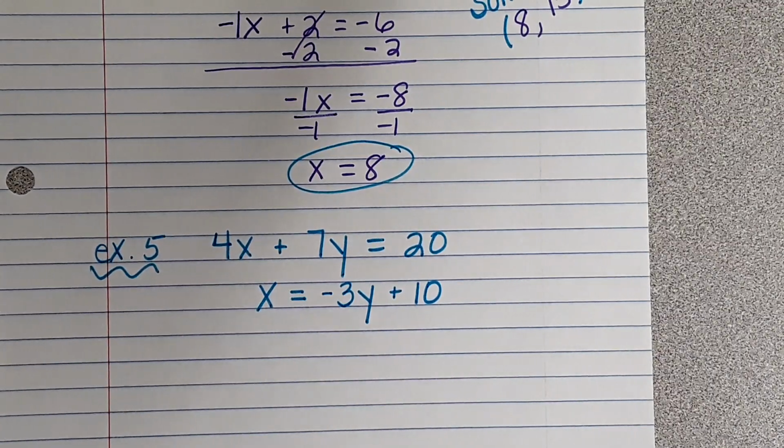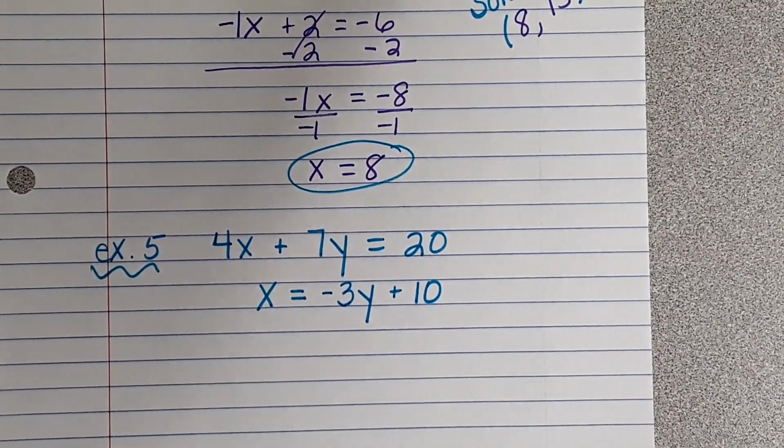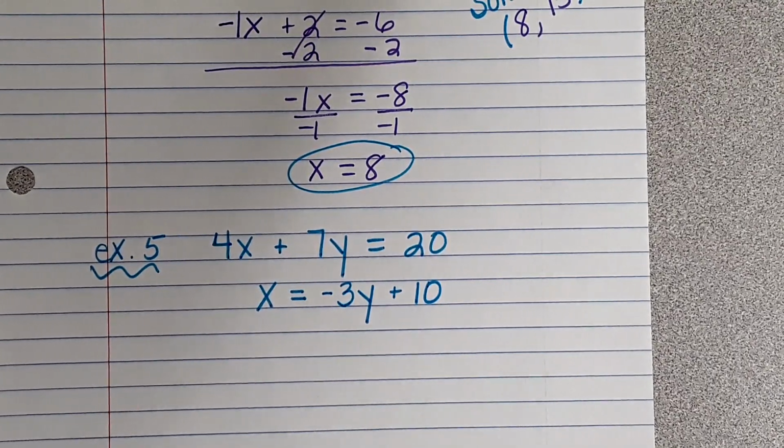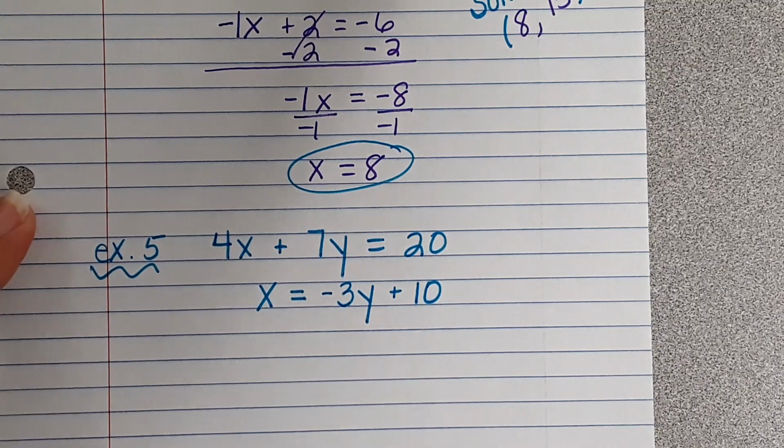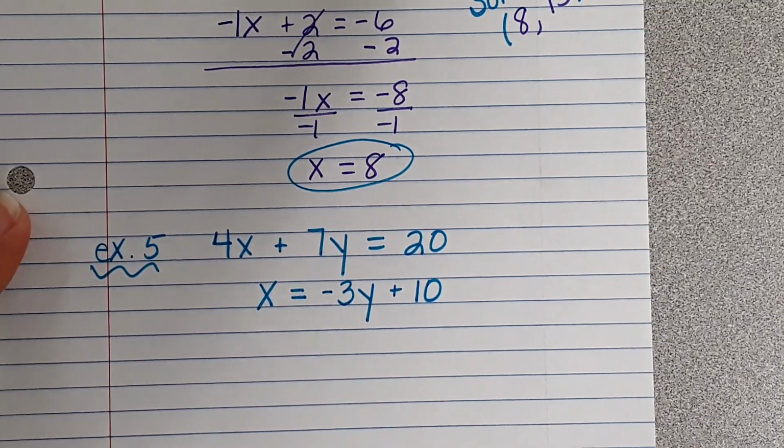Okay. What variable is by itself? The x or the y? The x. So what does x equal? What does it say x equals? So we're going to use negative 3y plus 10, and we're going to replace x this time. Lately, we've been replacing y, right? Well, this one, we can replace x.